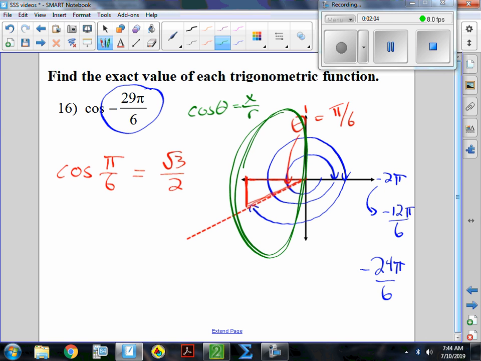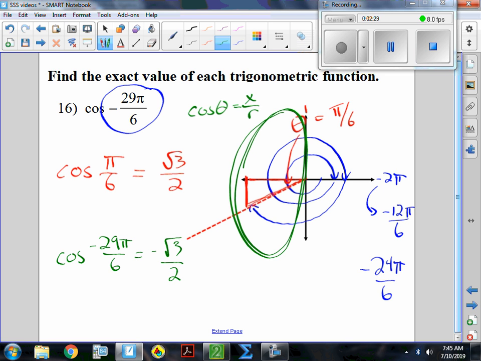Okay, all the x's are negative. So if I was putting a point here, it'd be negative x comma y. Because the x's are negative, that means cosine of negative 29 pi over 6, because that's in quadrant 3, is going to be equal to negative square root 3 over 2.